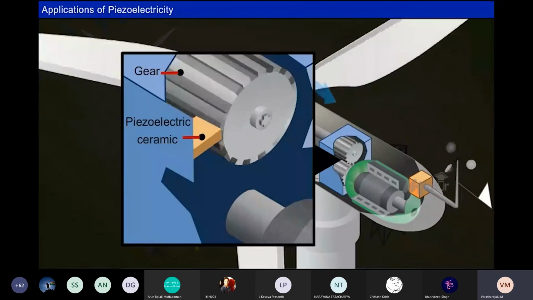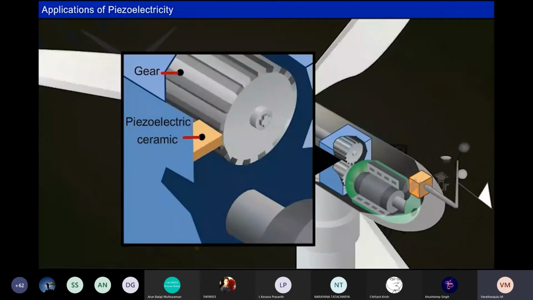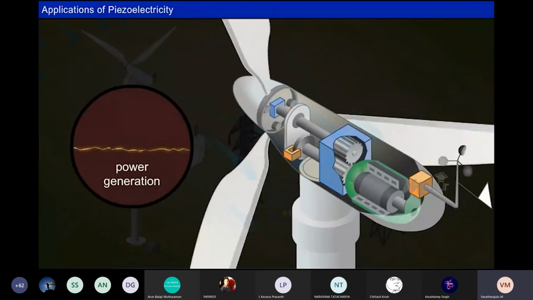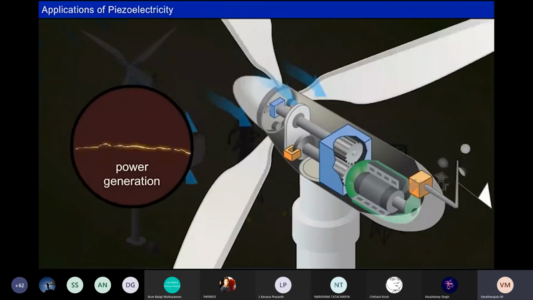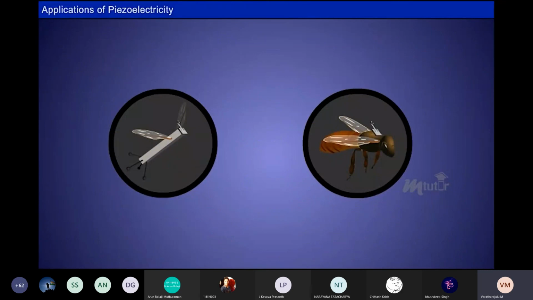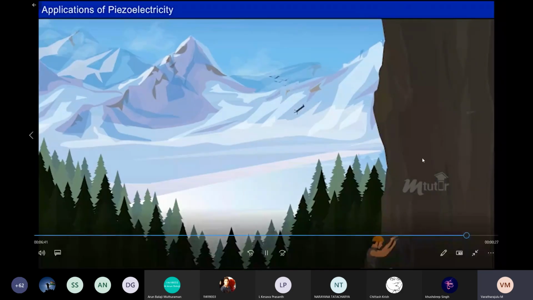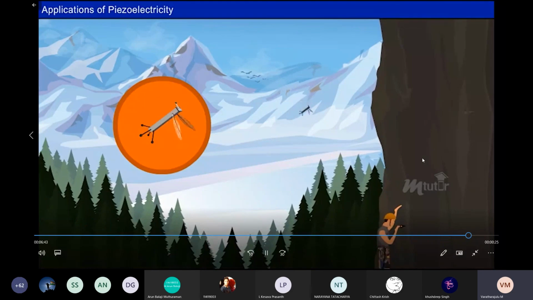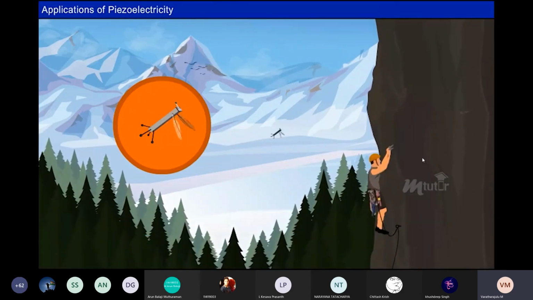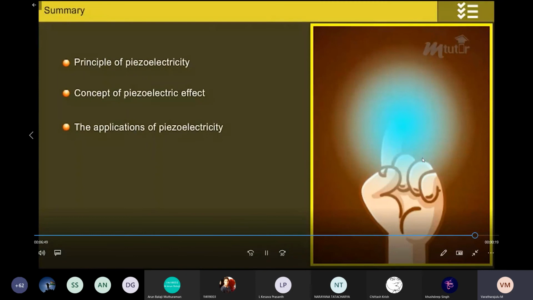The constant vibration of piezoelectric material causes a huge amount of energy generation, which can drive low power consuming devices. Some of the futuristic applications are robotic insects and cyborg moths, which help humankind in searching and rescuing during hazardous operations.